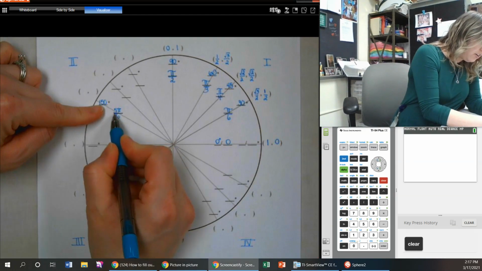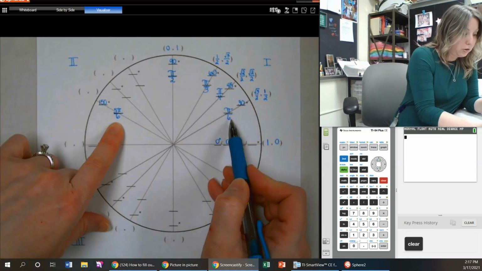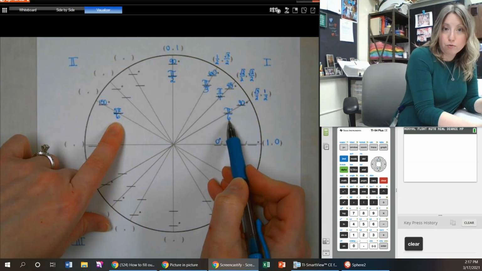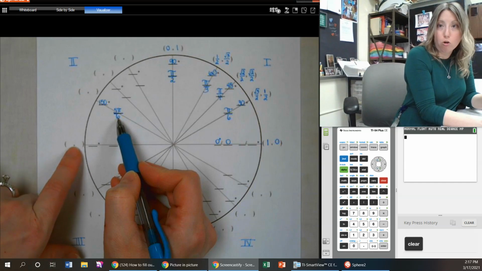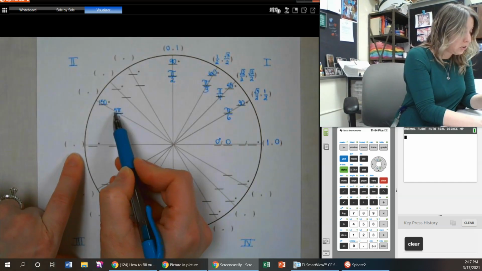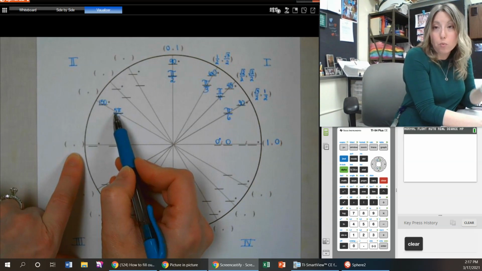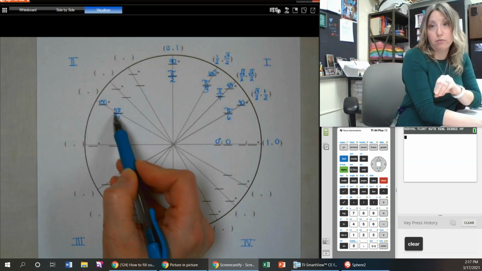And the reason I know that is because, see, the 30-degree reference angles will be something pi over 6. Look how close I am to being at 1 full pi, right? So my closest numerator without being 6 pi over 6 is 5 pi over 6.